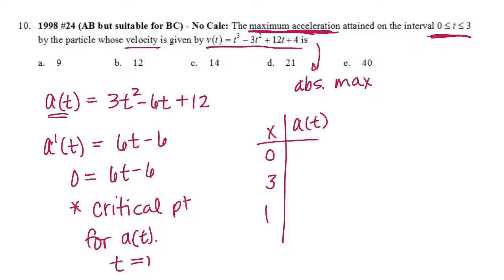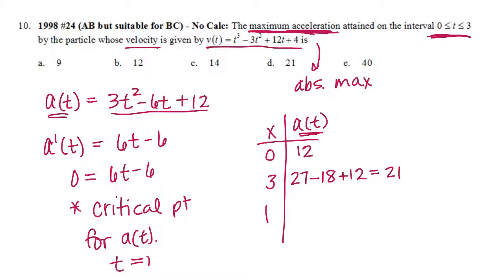All right, so now we go back and notice we are plugging into our acceleration function. Well, if I plug in 0 up here, then I'm going to get 12. If I plug in 3, I'm going to have 27 minus 18 plus 12. And that looks like that's going to be 21.